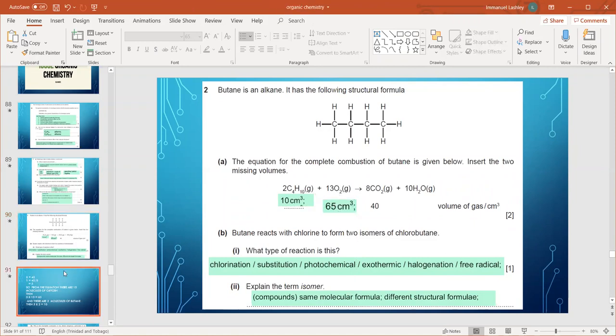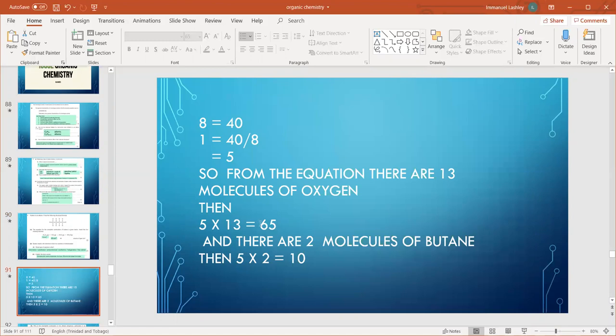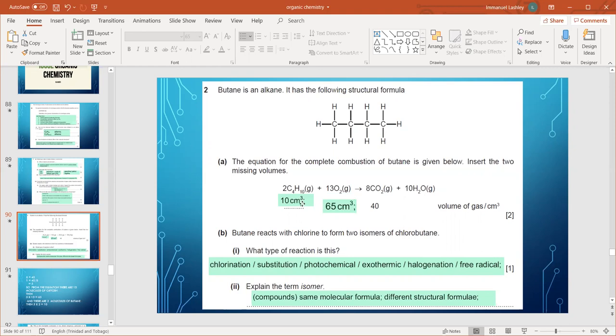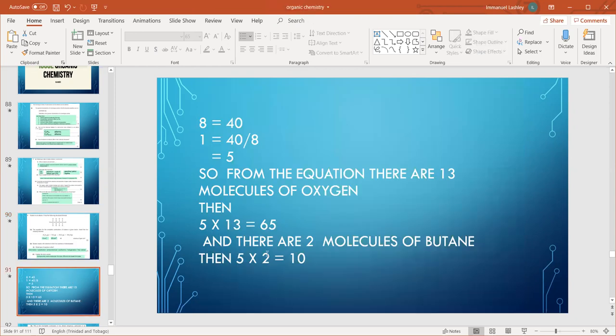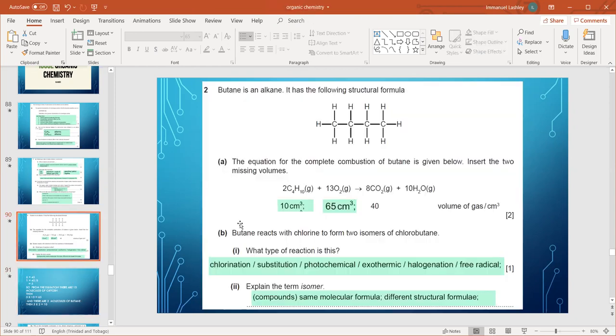So I multiply 13 by 5, and that gave me 65. And then there are 2 molecules of the butane, right? So I then multiply 5 by 2, and that gave me 10. So I ended up with 65 cm cubed of oxygen and 10 cm cubed of the butane gas.